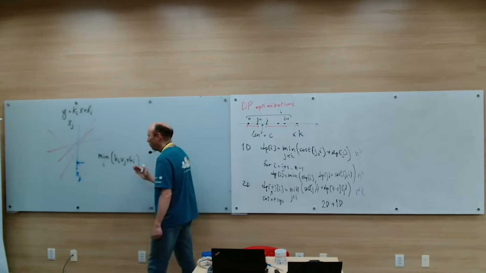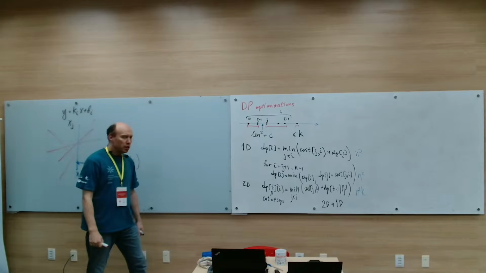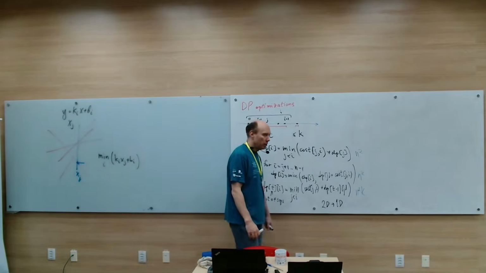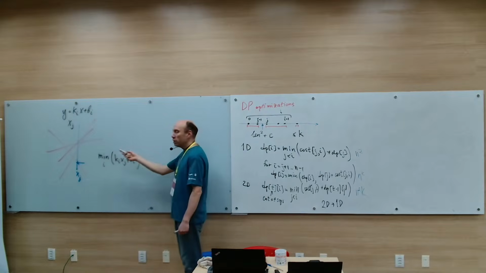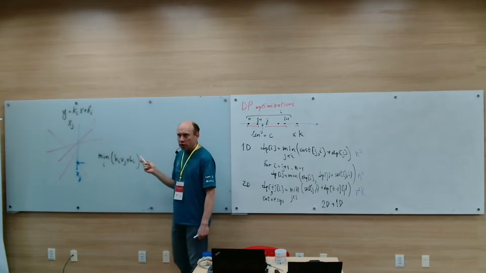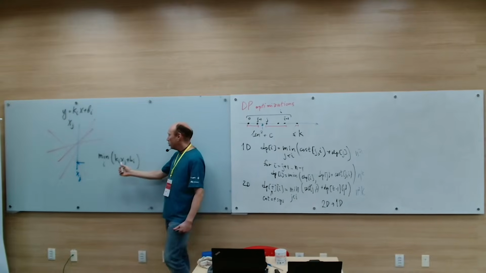So at minus infinity, the optimal line is the one with the biggest k. But at plus infinity, the same argument gives us that the optimal line is the one with the smallest k.